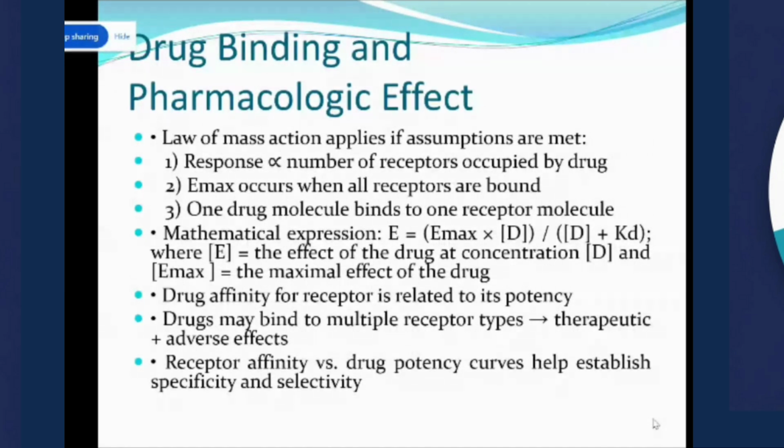In my opinion, I think the Emax, the maximal effect of the drug also increases when the dose is increased. Yes, it increases, but not indefinitely. It increases until all the receptors are occupied. When all the receptors are occupied, however much you increase the dose of the drug, it will not change a thing.